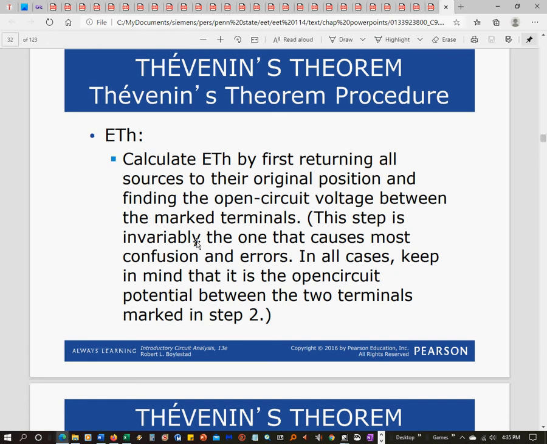And then E Thevenin: calculate E Thevenin by first returning all sources to their original position, finding the open circuit voltage between the marked terminals. This step is invariably the one that causes most confusion and errors. In all cases, keep in mind that it is the open circuit potential between the two terminals marked in step 2.